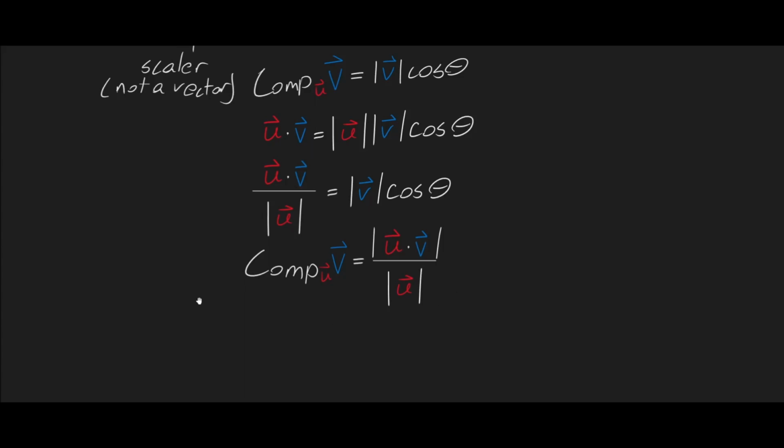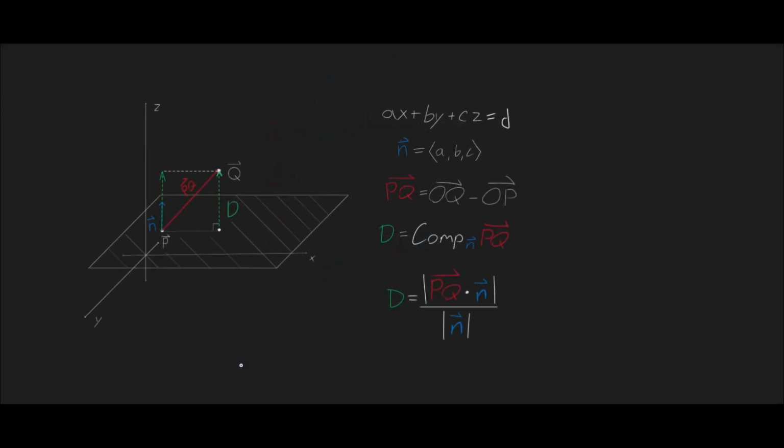This is what's going to give us our distance. So going back to the example here, d, the distance, is going to be equal to PQ projected onto N, and then you take the magnitude of that, or in other words, the component of PQ on N. So the formula, as we saw before, is the magnitude of the dot product of the two vectors divided by the magnitude of n. This is the formula that we use to find d.